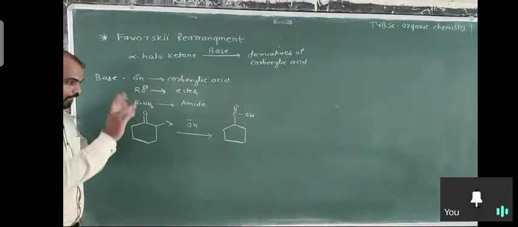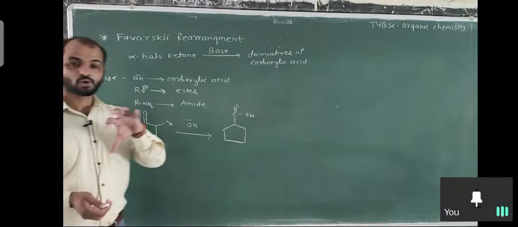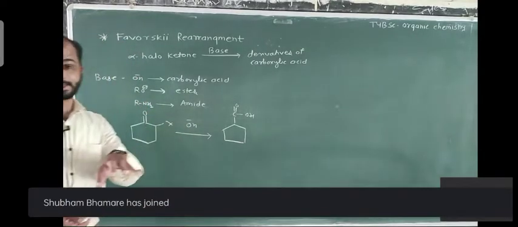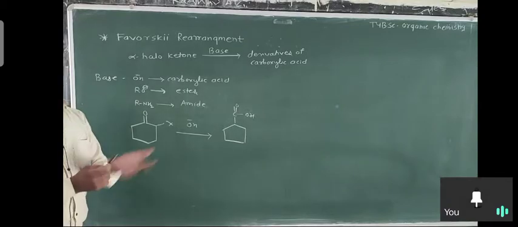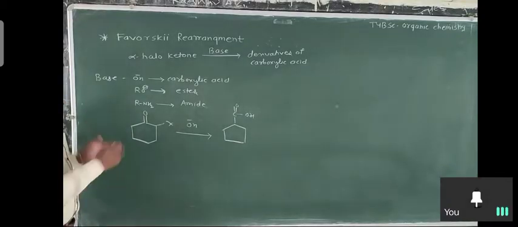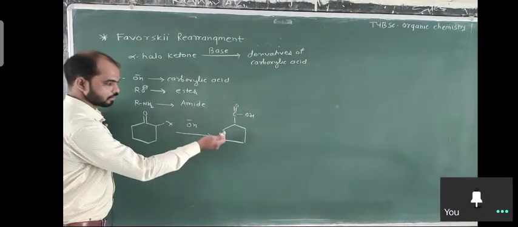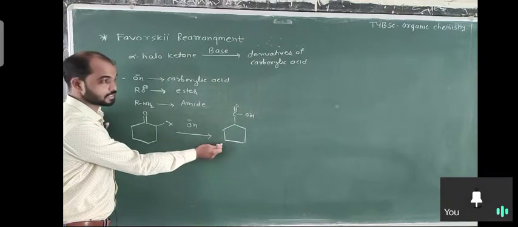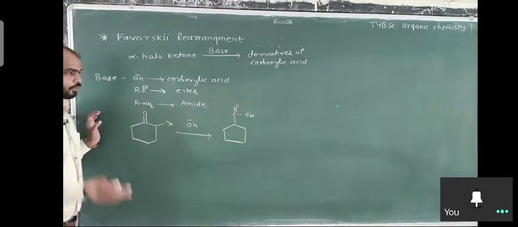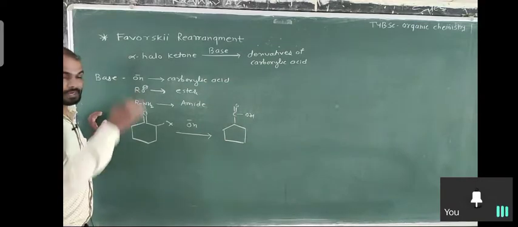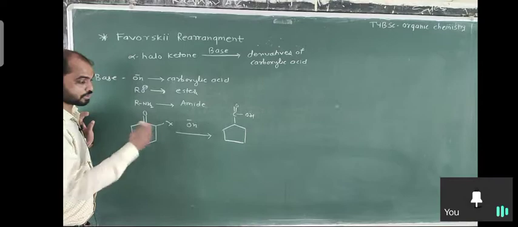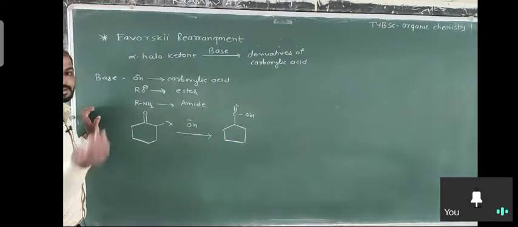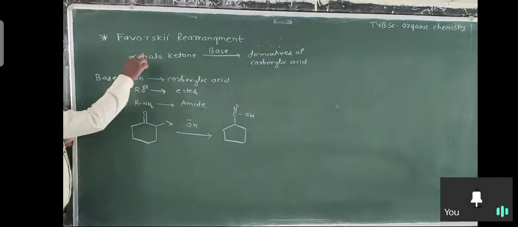In the overall reaction, a cyclopropanone ring forms as an intermediate and it undergoes rearrangement, and the result is ring contraction. You can easily understand this reaction from the mechanism, how this rearrangement takes place, which we will discuss in the next point.